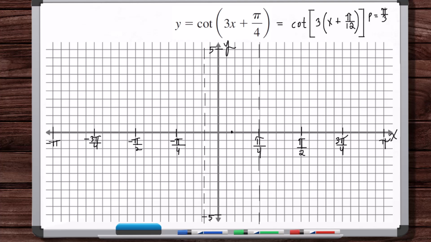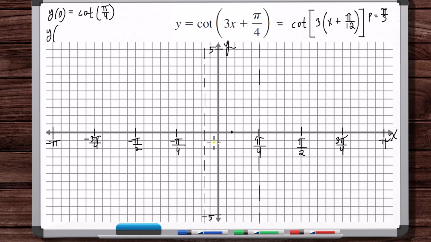Okay. So we need to plug in what is y of 0. That is cotangent of pi over 4. And then what is y of, let's see, pi over 3 divided by 4 is pi over 12. Pi over 12 times 3 is pi over 4.